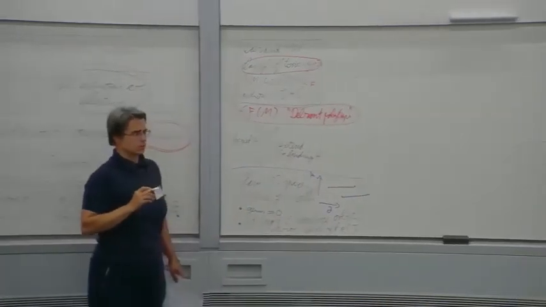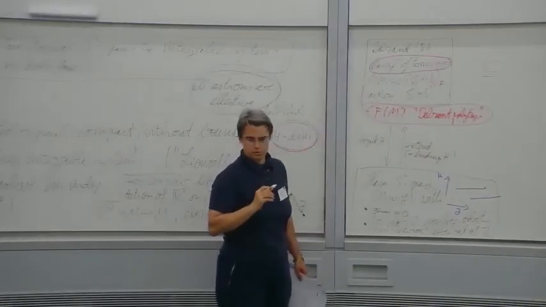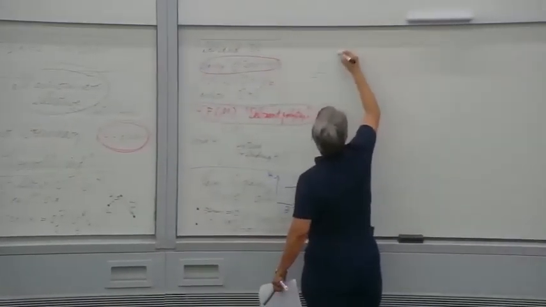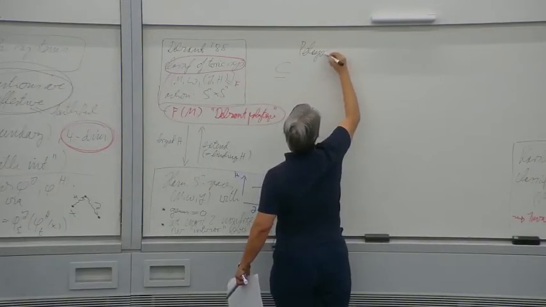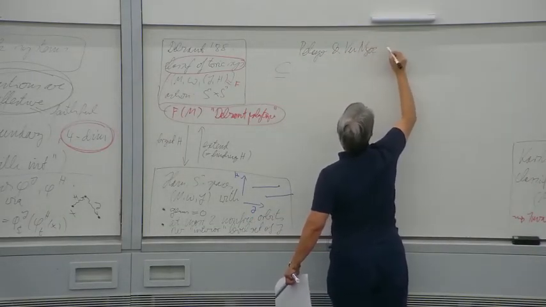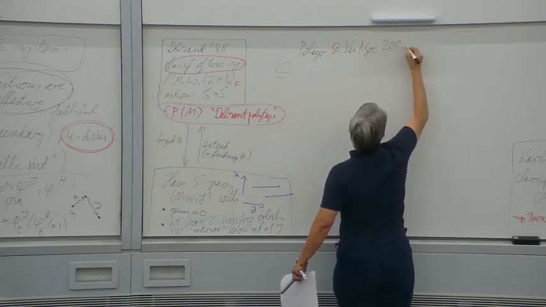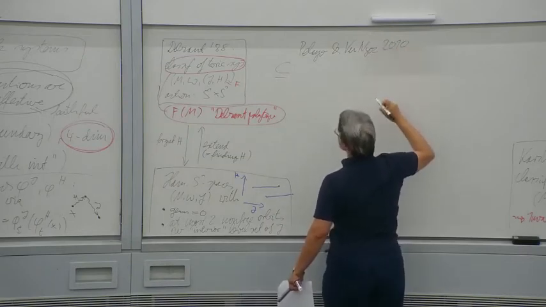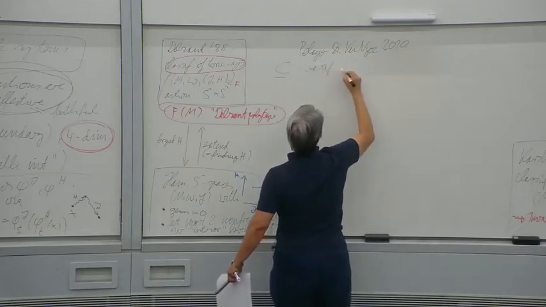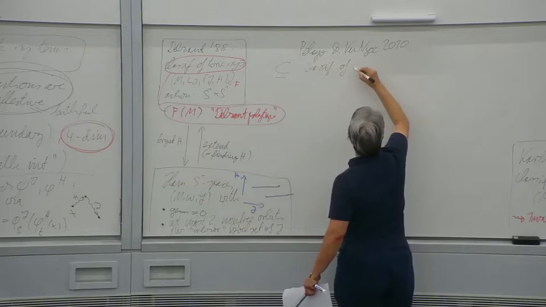I think the papers are from 2009 and 2011, so this is the classification by Pelayo and Vũ Ngọc. Let's just take the average, 2010: classification of so-called semitoric systems.